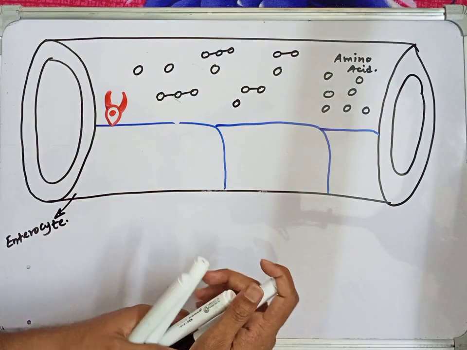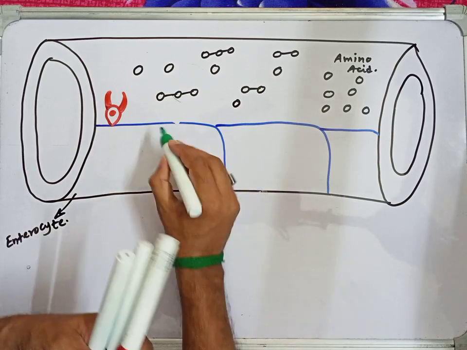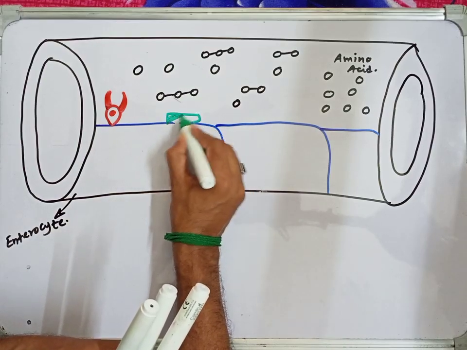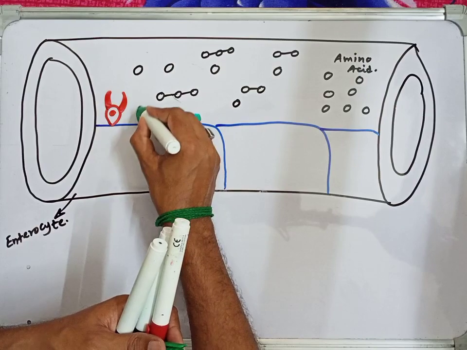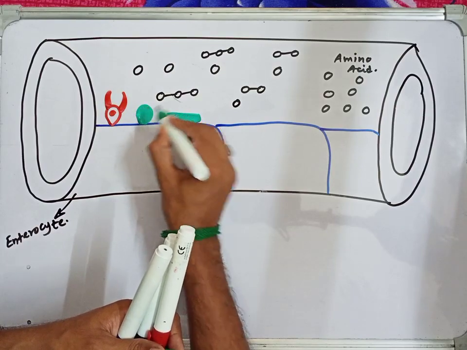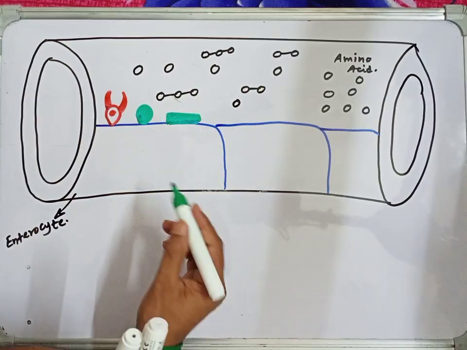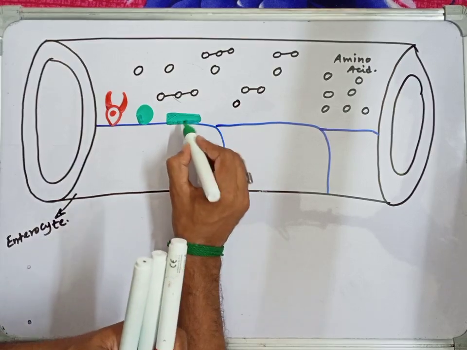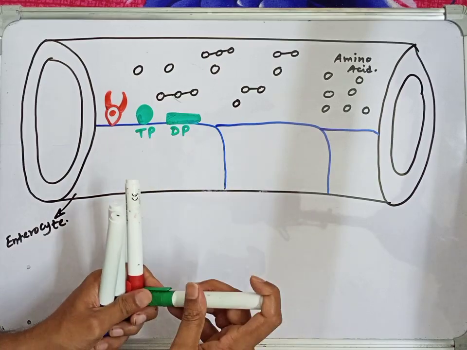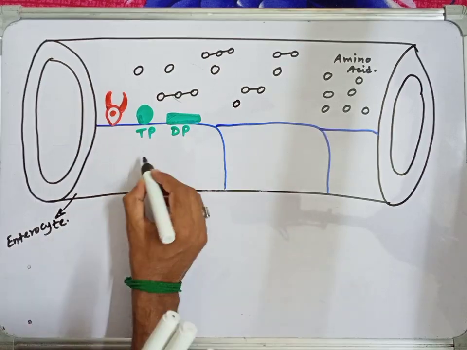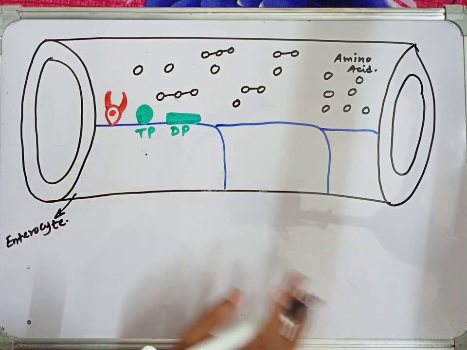And now this enterocyte cell again contains some more enzymes, that is called dipeptidase, right? And there is one more enzyme that is called tripeptidase, right? I simplified the way I express all these enzymes. And one more piece of information, this enterocyte cell also has its own dipeptidase and its own tripeptidase as well, right?